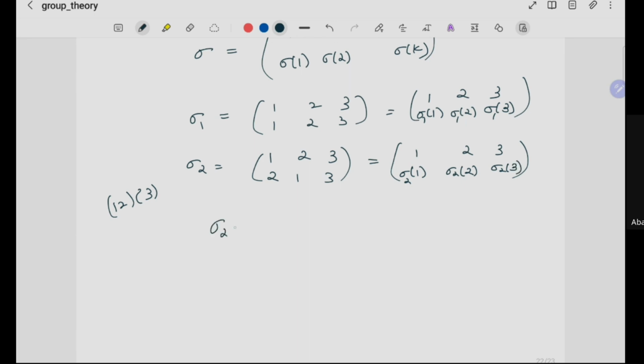Sigma 2 of i is where this i is going in the cycle in the permutation sigma 2. Okay, ma'am, I got it. So sigma i of some k is where that k is going in that sigma.